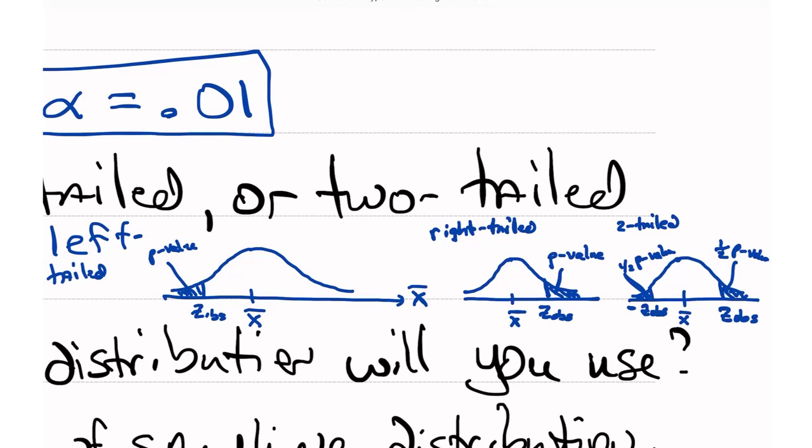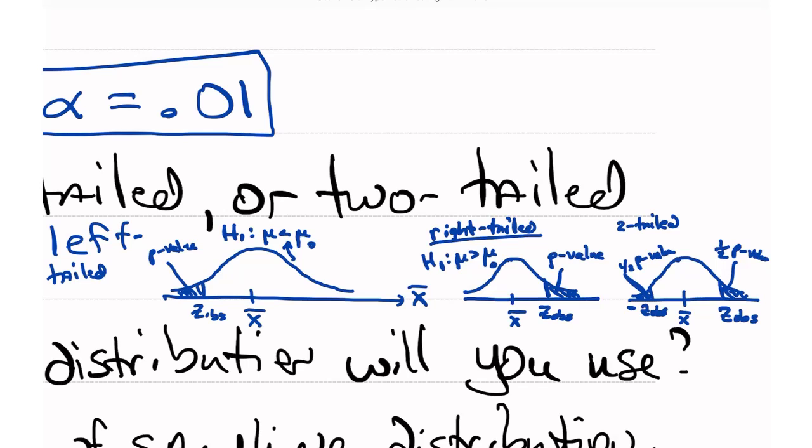Now, for this left-tail test, we would say H1: mu is less than some value mu naught. So for a left-tailed test, we have a less than sign here. For a right-tailed test, we would write our alternative, our claim, as mu is greater than some value mu naught.